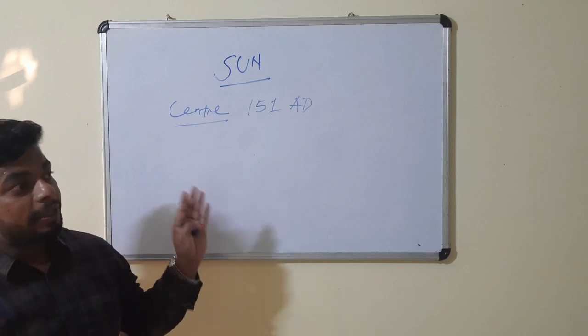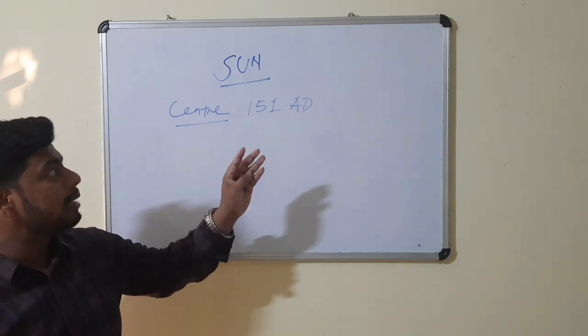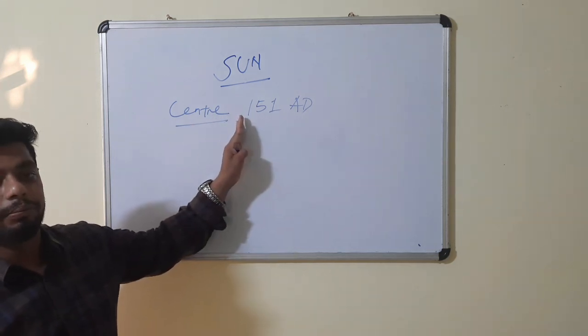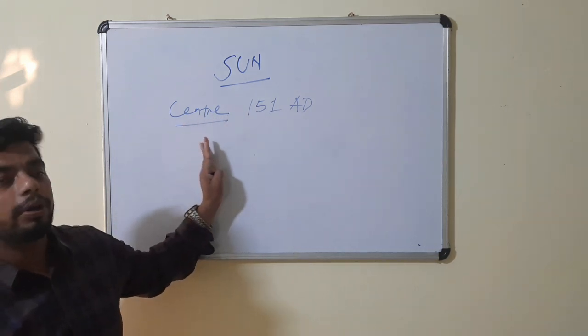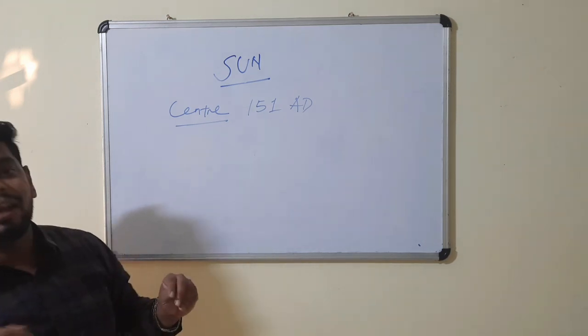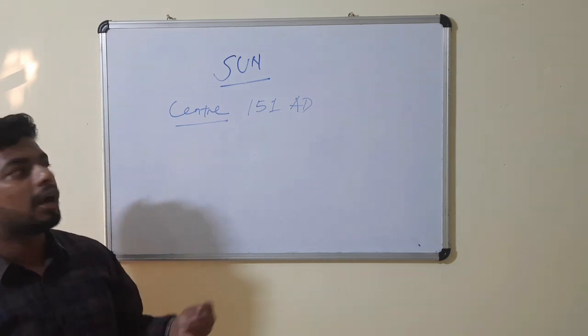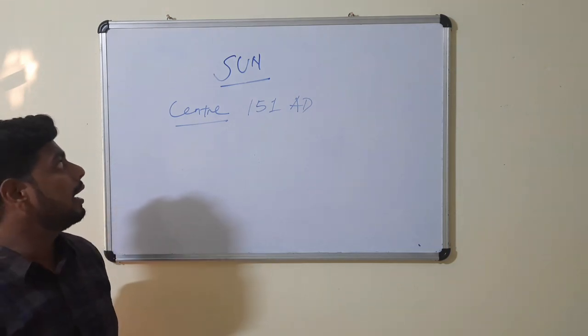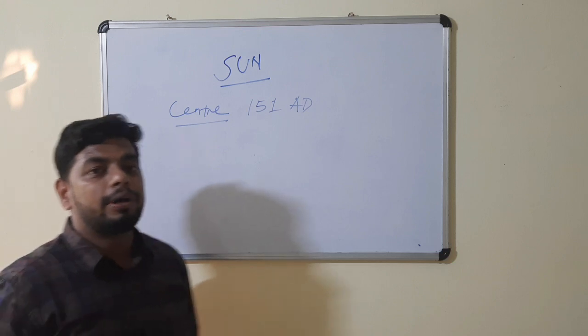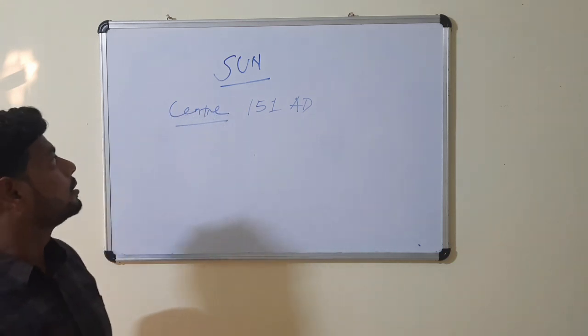For a long period the concept was that Earth was at the center, but Copernicus proved it with mathematical evidence, and later telescopes and various programs established it.